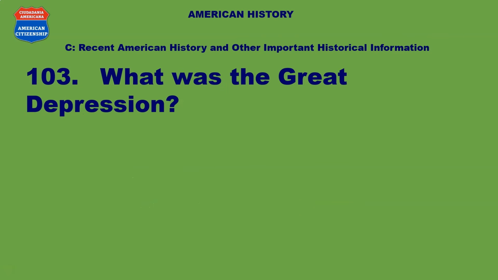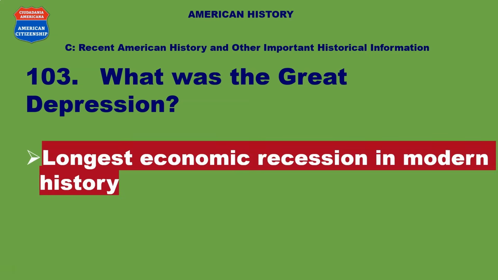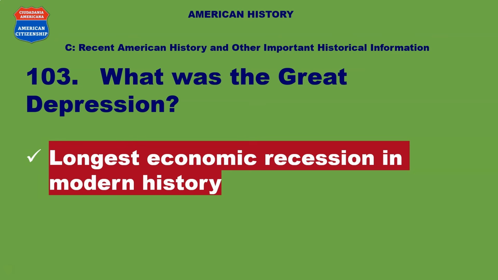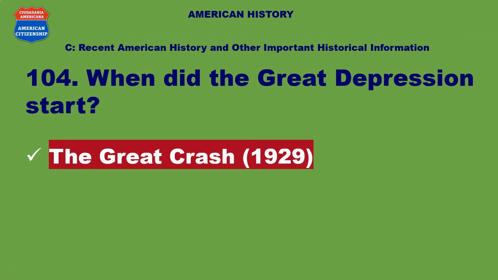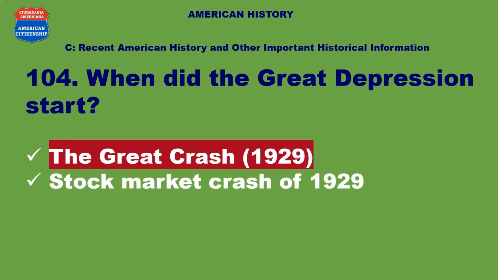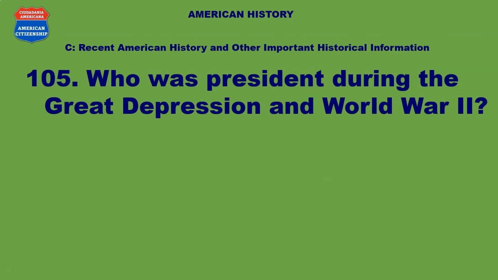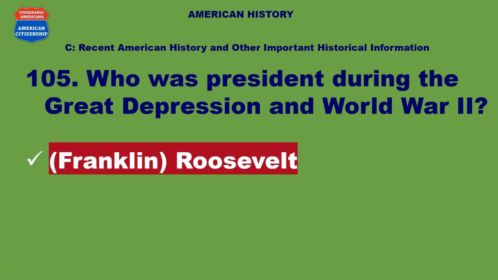What was the Great Depression? The longest economic recession in modern history. When did the Great Depression start? The Great Crash of 1929. Who was president during the Great Depression and World War II? Franklin Roosevelt.